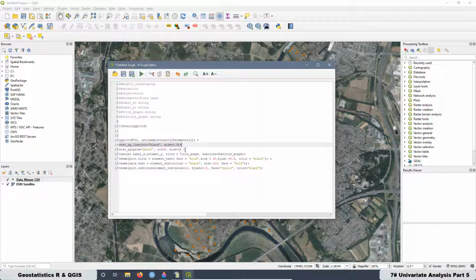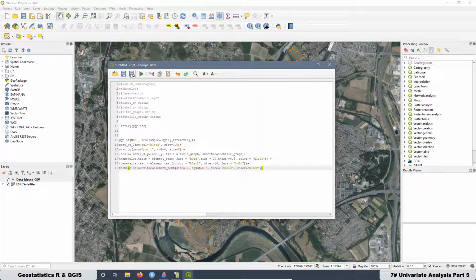And the second part is related to the dots that we are going to add. That's how we can edit the line, the color, the size, and also for these ones, the geometry we want for the points, the color, and also the size. And for the rest of this script, we know already. That's for the labels. This one is for the themes, for the title, subtitle, and also for the axis.